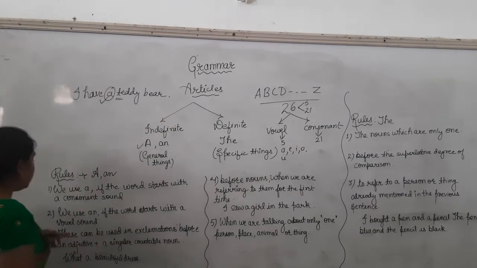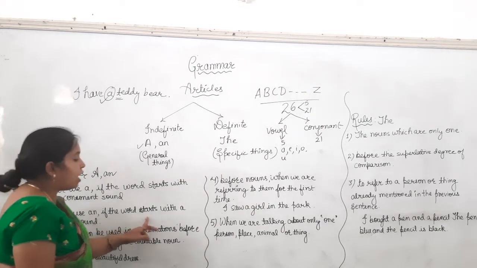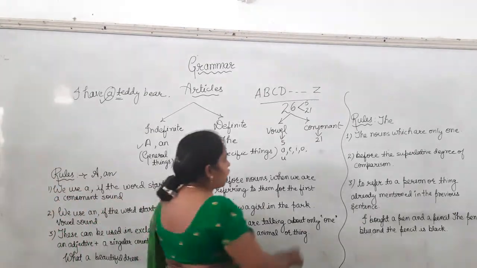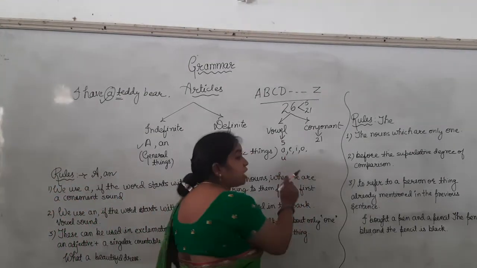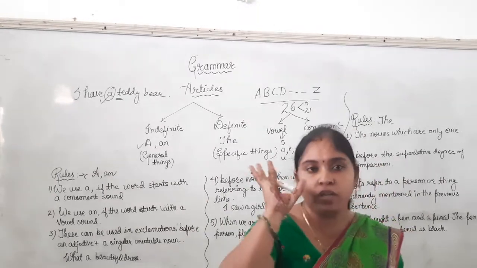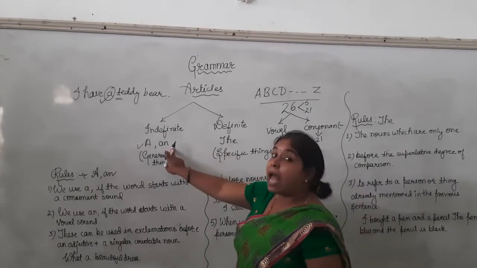Next, we use the article an if the word starts with a vowel sound. When the word starts with a vowel, meaning A, E, I, O, U, we use the an article.